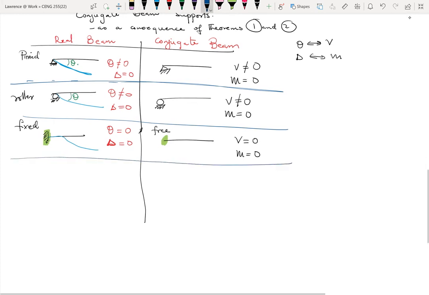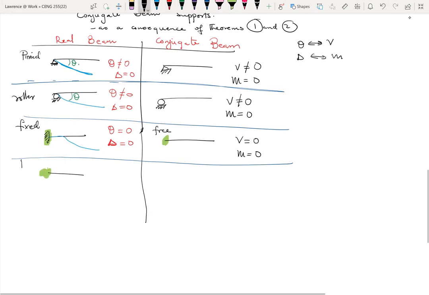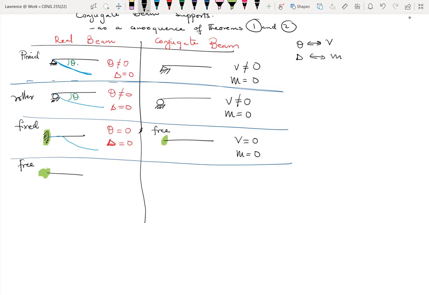Now let's look at some more options. Okay. So what if a real beam is free? So this is now free in a real beam. In a real beam, when it's free, if I'm to draw my curve coming from somewhere, it can look something like this.